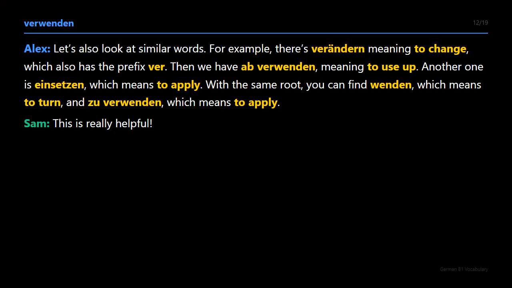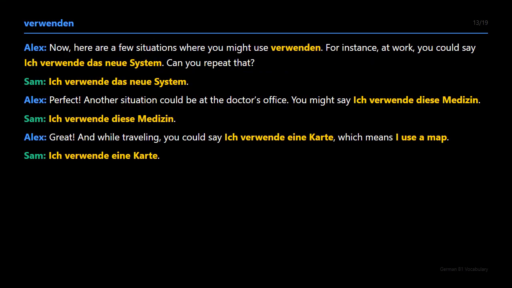This is really helpful. Now, here are a few situations where you might use verwenden. For instance, at work, you could say, Ich verwende das neue System. Can you repeat that? Ich verwende das neue System. Perfect. Another situation could be at the doctor's office.